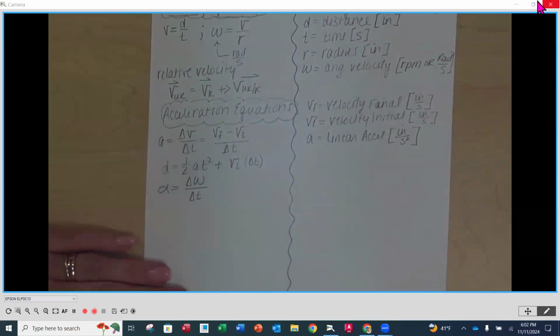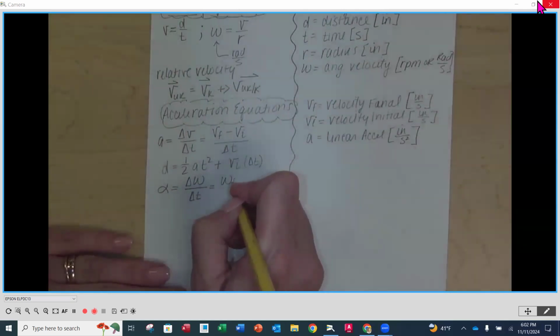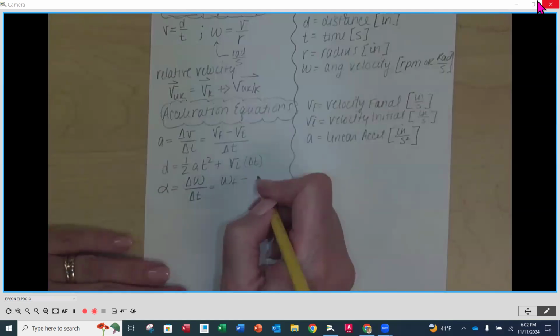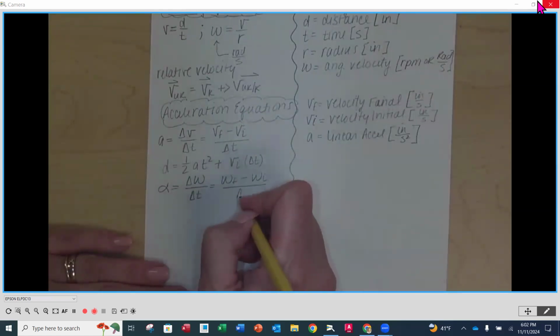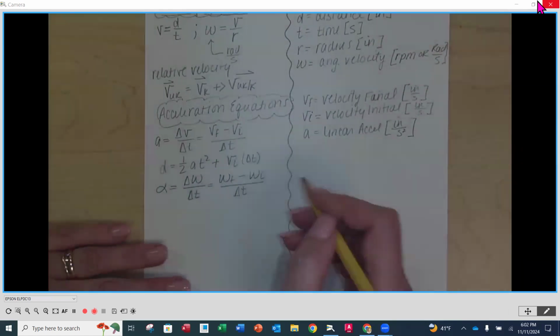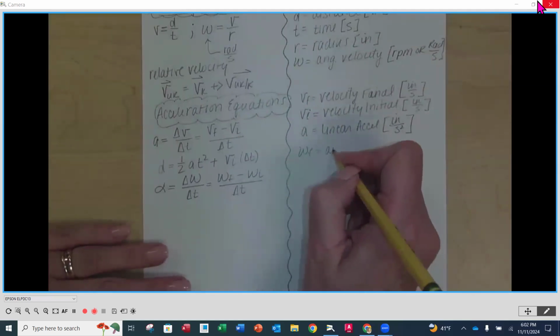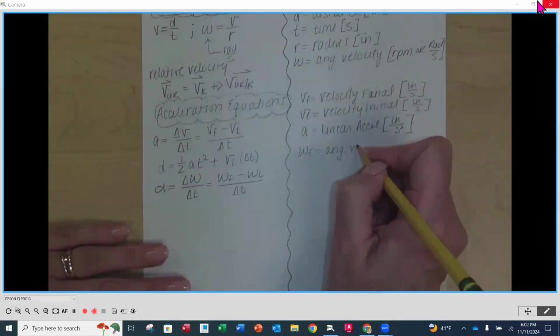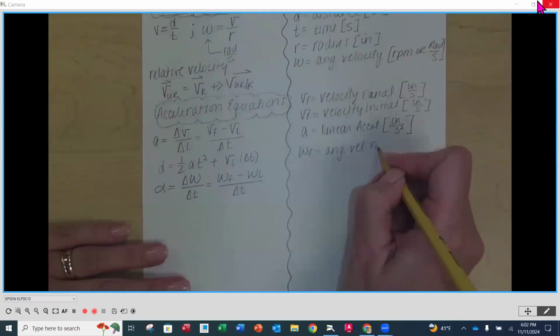So the change in, that triangle or delta, expanded out, is the final angular velocity minus the initial angular velocity, divided by that change in time. So over here, we're going to have a W final, which is angular velocity final.